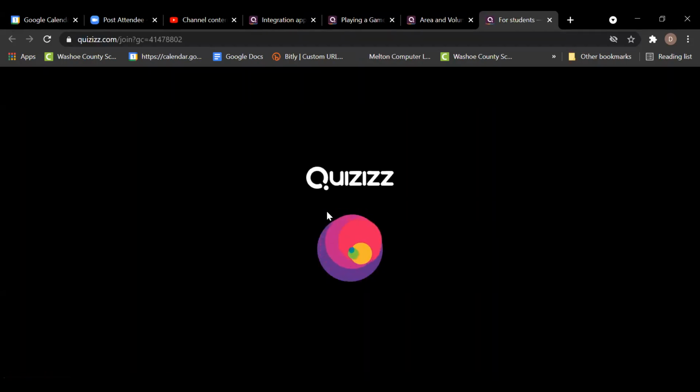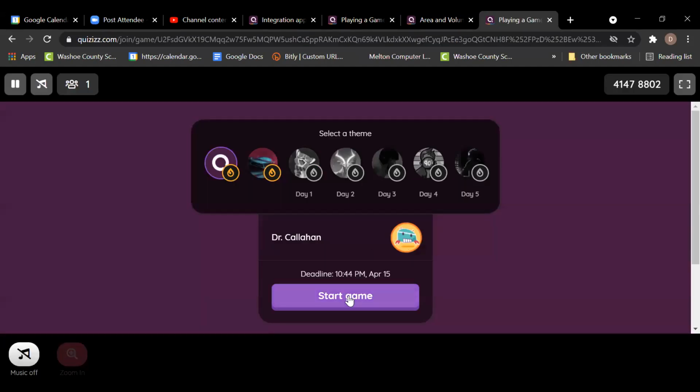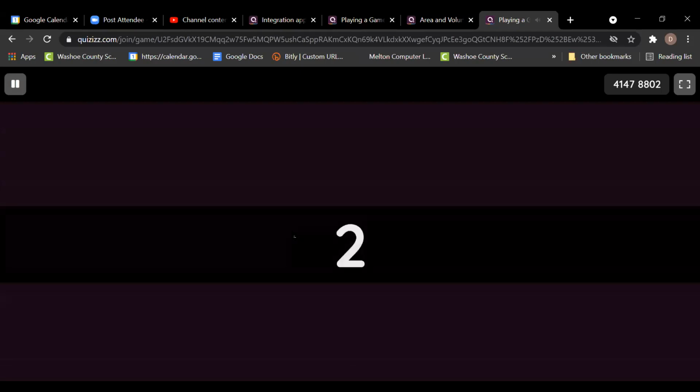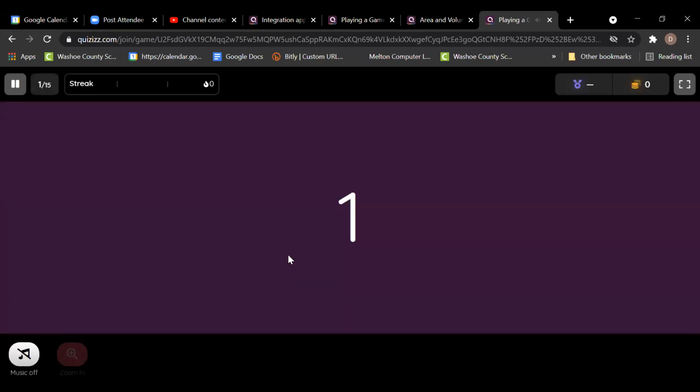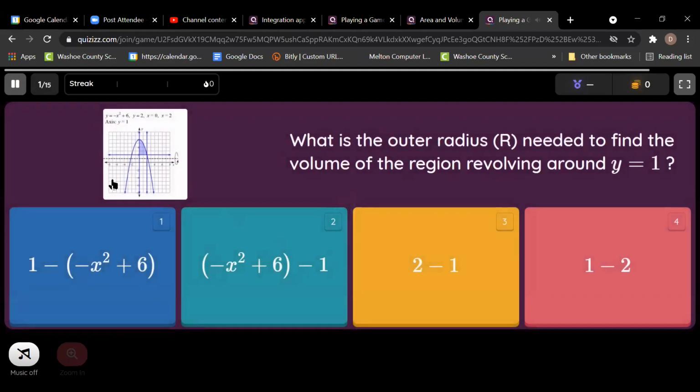I'm going to click on it so you can see what it looks like. Type in your name, get started, and it's going to do the countdown. Here you have a question where you're looking for the volume revolving around 1, and just make sure you pick the right one by showing the work.